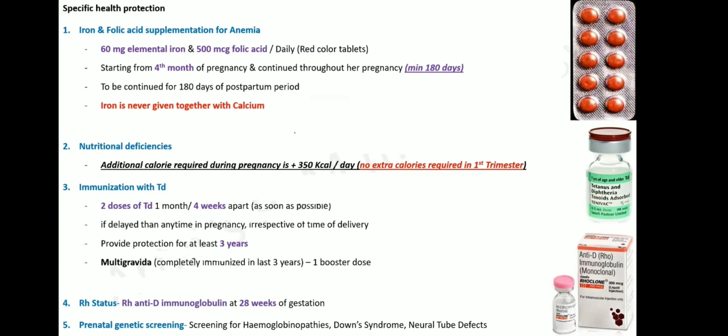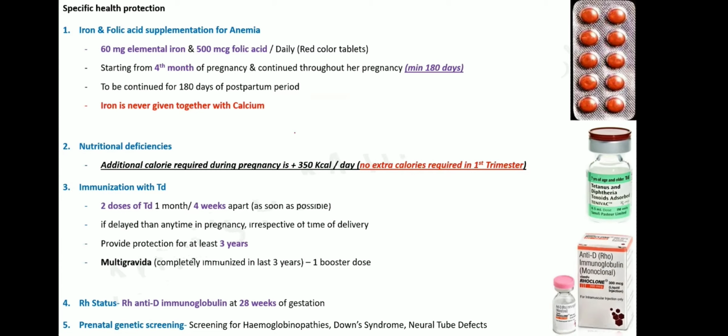Moving on to specific health protection. Specific health protection includes iron and folic acid supplementation for anemia. According to NFHS 4, 50% of pregnant women in India are anemic. Sadly, 50% of pregnant women in India are anemic.